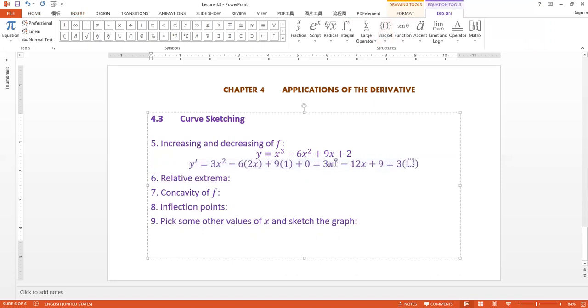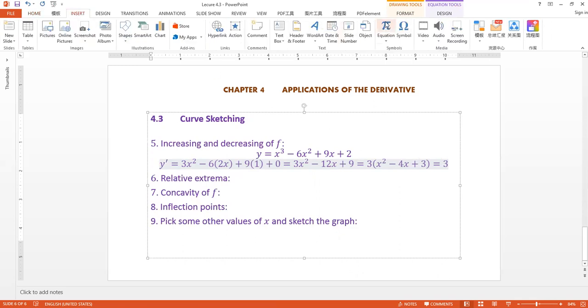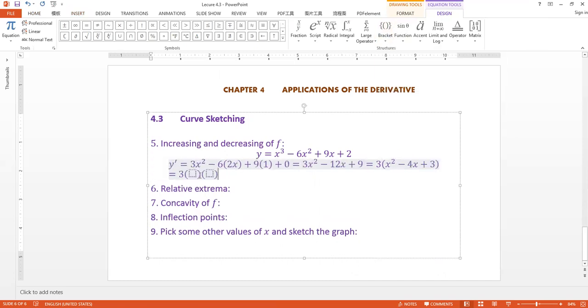Then it becomes x squared minus 4x plus 3 inside. So there's 3 times this trinomial that can be further factored into x minus 1 and x minus 3. Okay, so that's x minus 1, x minus 3.